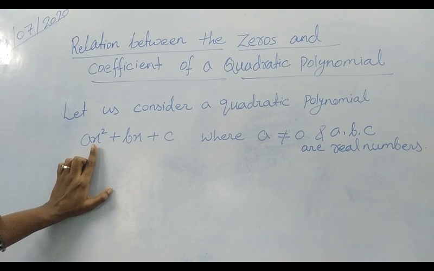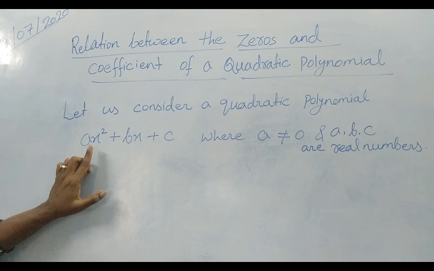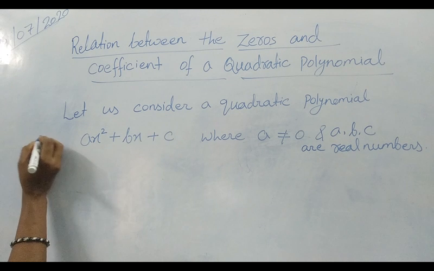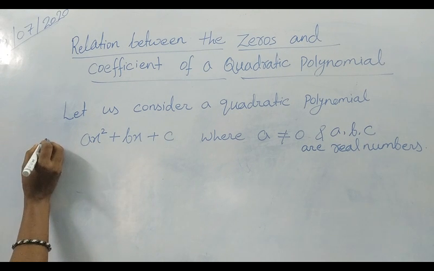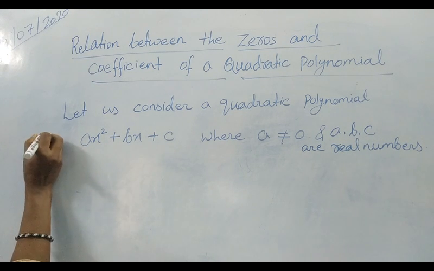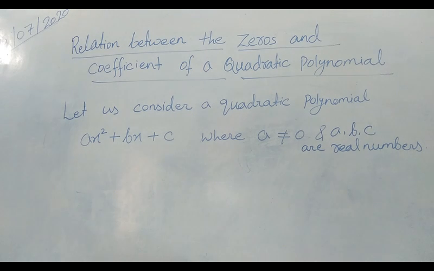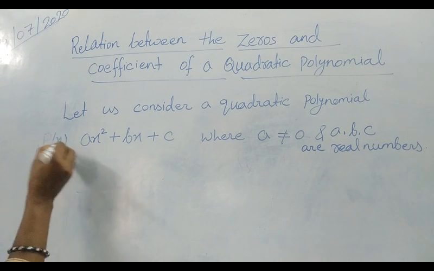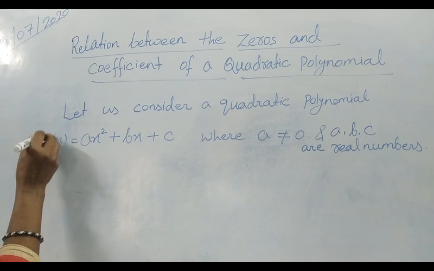So we consider the 2 zeros of this polynomial. At first we put the name of the polynomial, since it is the polynomial in variable x. So we put the name of this polynomial as p(x).